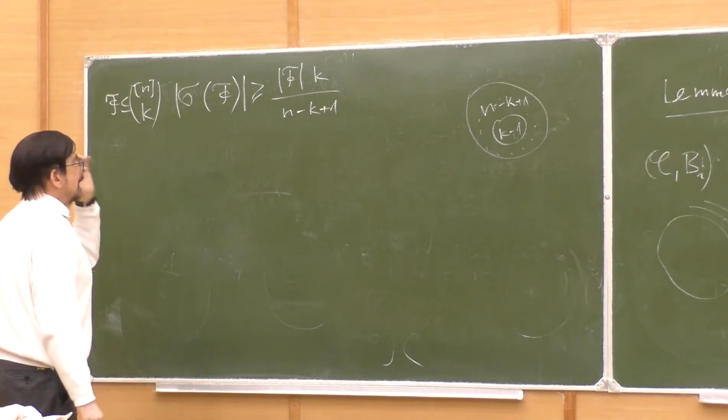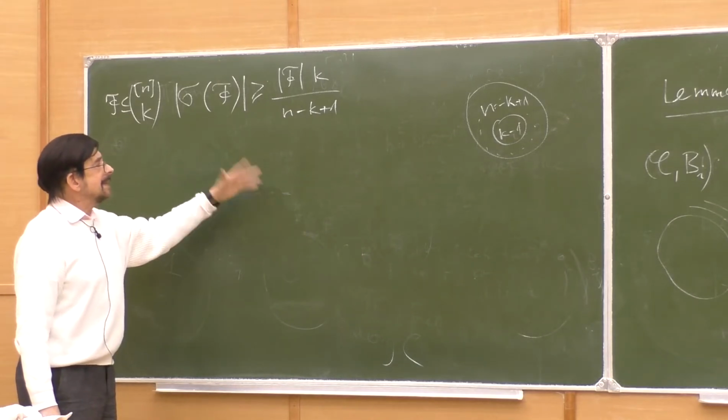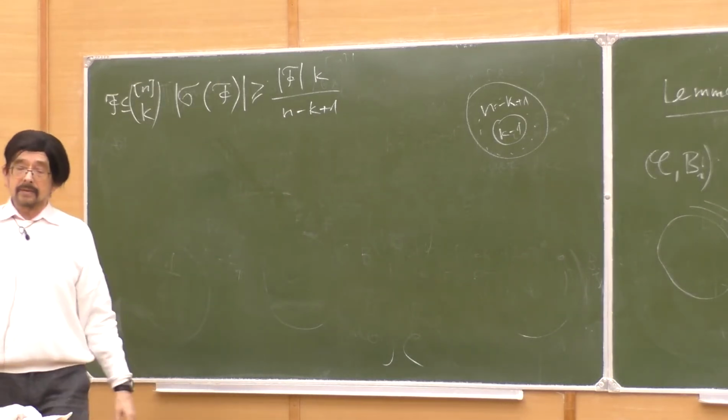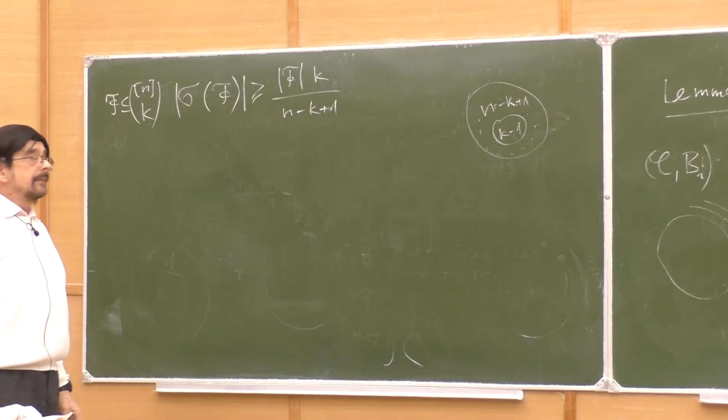And so now I want to show you that this was useful in Sperner's original theorem, but it's too weak. It's very, very weak.